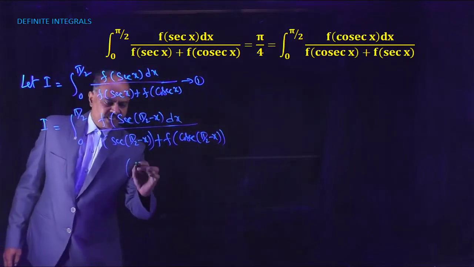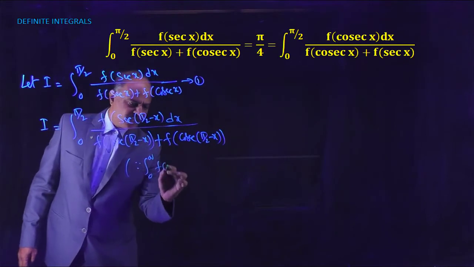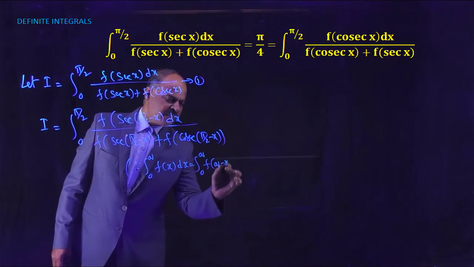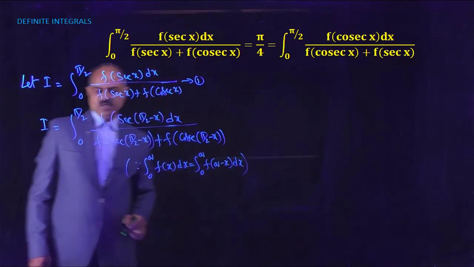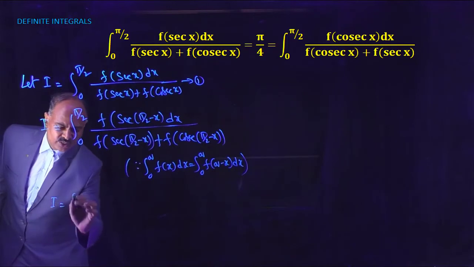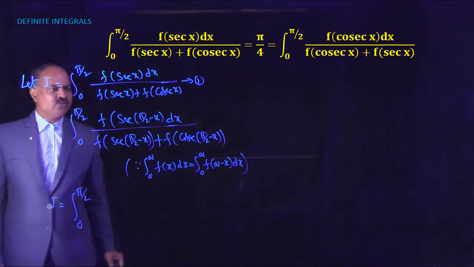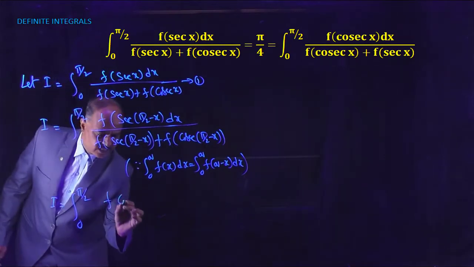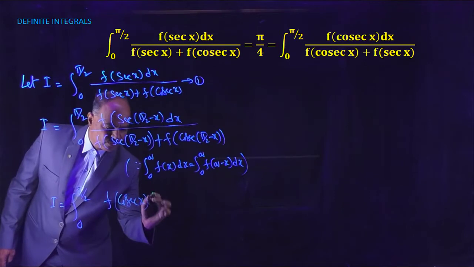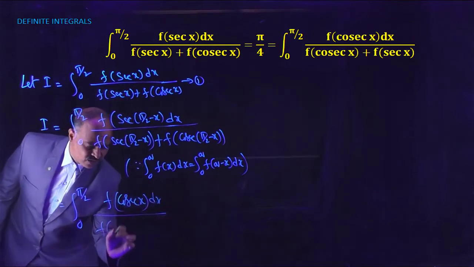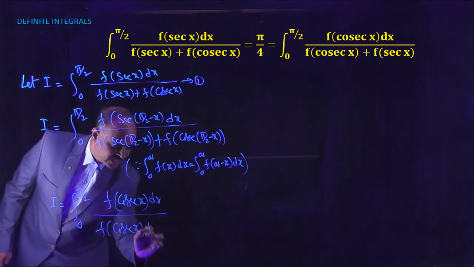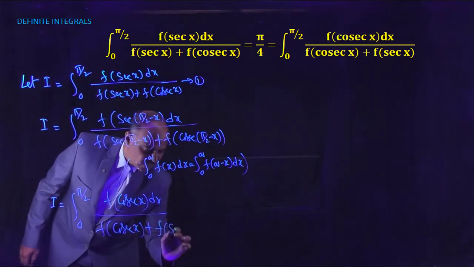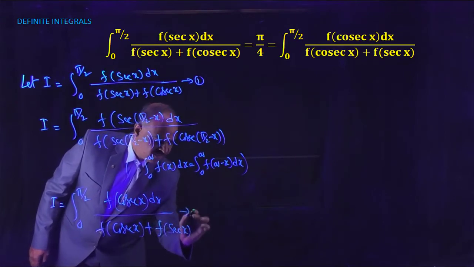Since integral 0 to a f of x dx equals integral 0 to a f of (a minus x) dx, now I equals integral 0 to pi by 2 of f of secant of (pi by 2 minus x), that is f of cosecant x, into dx by (f of cosecant x plus f of cosecant of (pi by 2 minus x), that is f of secant x). This is equation number 2.